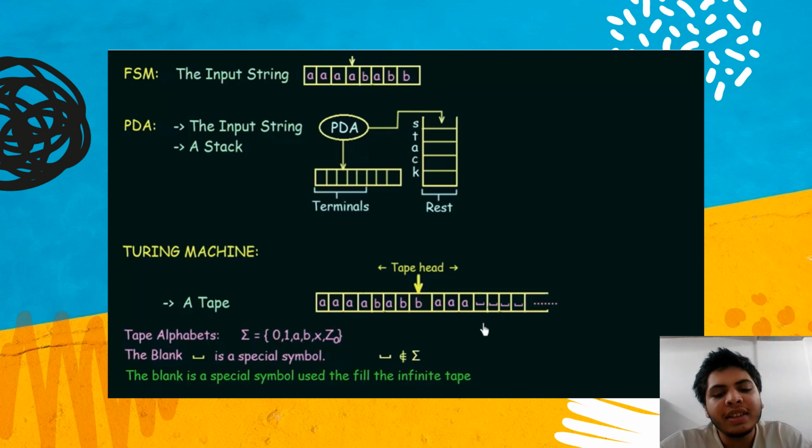The main thing that we need to remember from this slide is that the tape is an infinite sequence, the tape head is at a position where the current control is present, and the empty cells are filled by a special symbol known as the blank symbol.